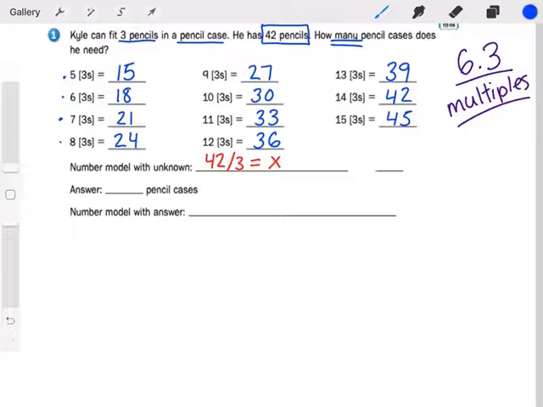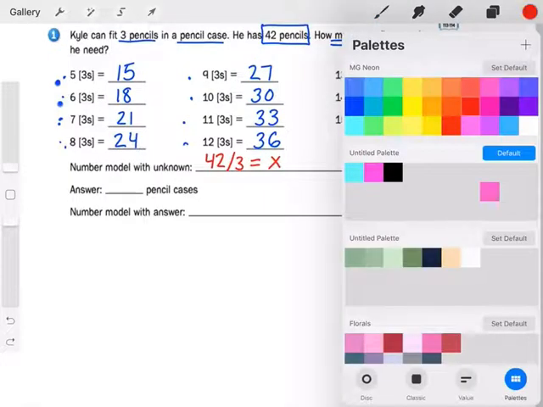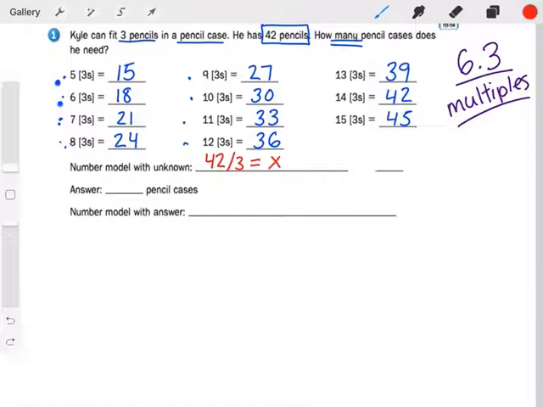So now that I've finished all of the multiples, I'm going to look and see which one gets me closest to that 42. So it's not going to be 15. I'm going to keep going, and look. 42. So now I know that there has to be 14 pencil cases.